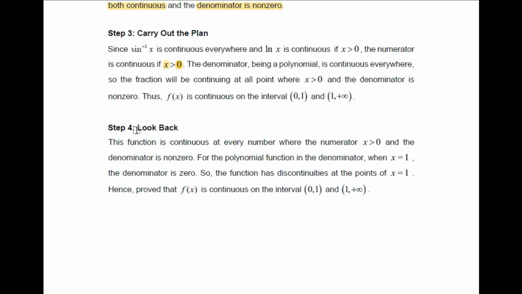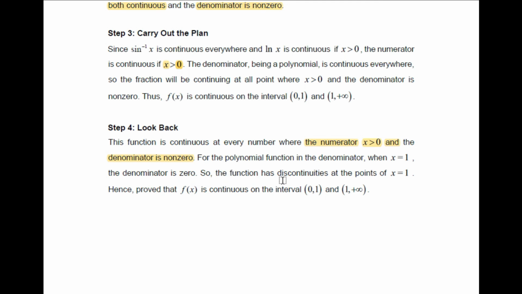For the last step, look back. This function is continuous at every number where the numerator is defined, that is x is more than 0, and the denominator is non-zero. For the polynomial in the denominator, when x equals 1, the denominator is 0.